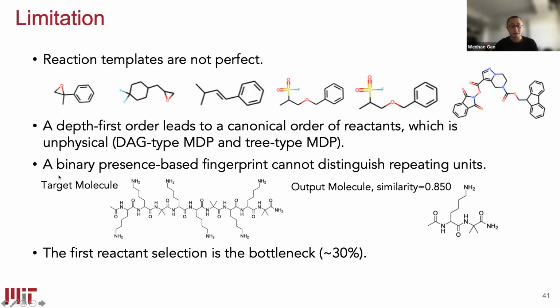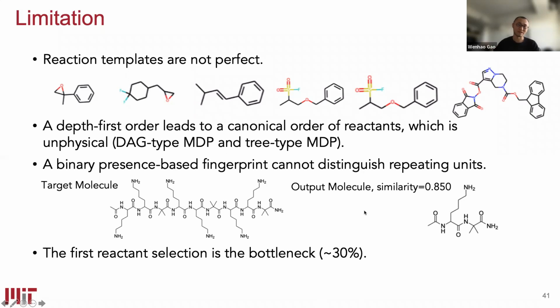And we use the binary presence-based fingerprint, and they cannot distinguish the repeating unit. My example is when we feed into the model with this molecule, it outputs this one. The similarity is very high, 0.85, but you can see this is just one unit of this.